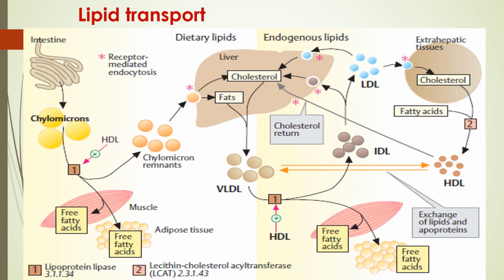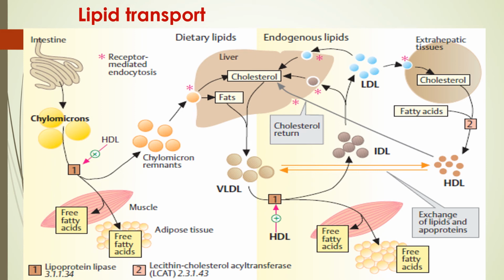Chylomicrons are transported through the lymphatics to circulation. They are acted upon by lipoprotein lipase and changed into chylomicron remnants, which are transported to the liver and transformed into very low density lipoproteins.